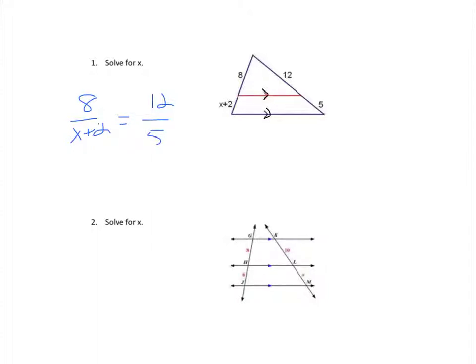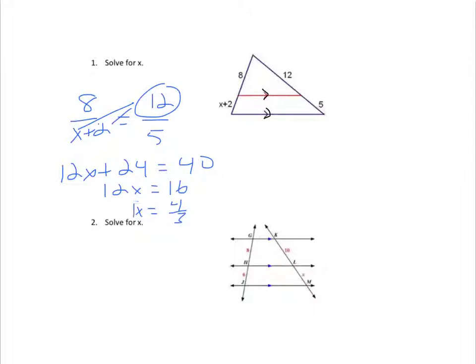You cross multiply, we're going to get 12x plus 24 equals 40. Make sure you distribute this 12 when you do the multiplication. Solve for x, so 12x equals 16, and x equals 16 over 12, which reduces to 4/3.